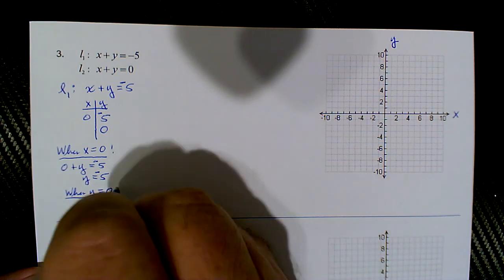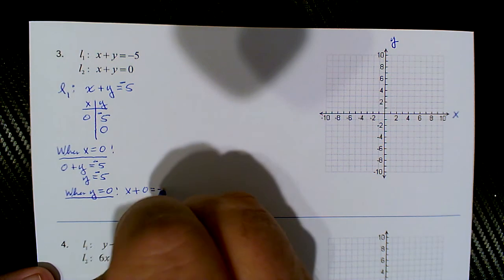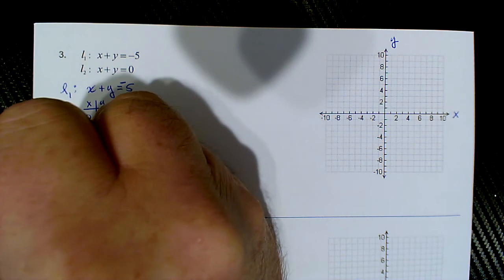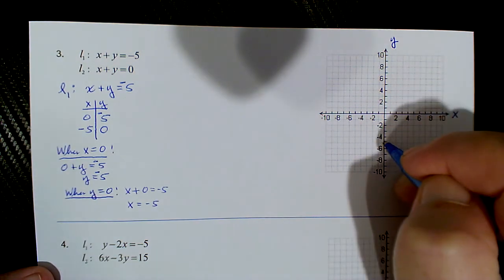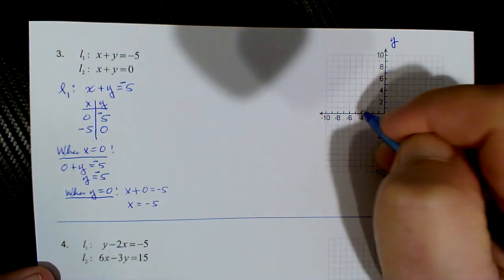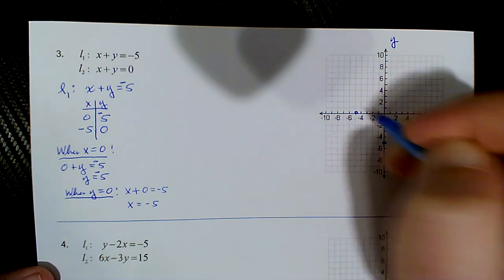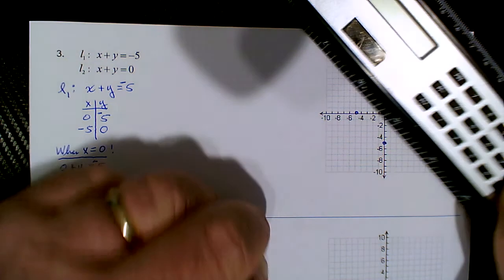Okay, so then when y is 0, x plus 0 is negative 5, so x is negative 5 as well. Okay, so we've got a y-intercept of 0 and negative 5, x-intercept of negative 5, 0. So those are the 2 points.